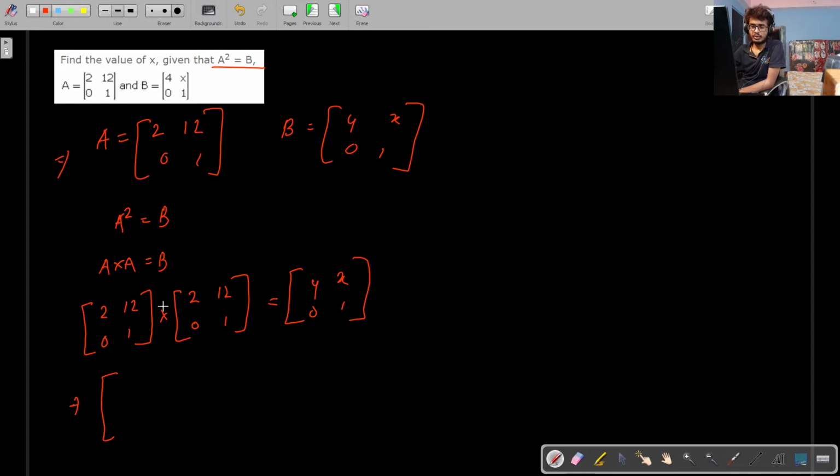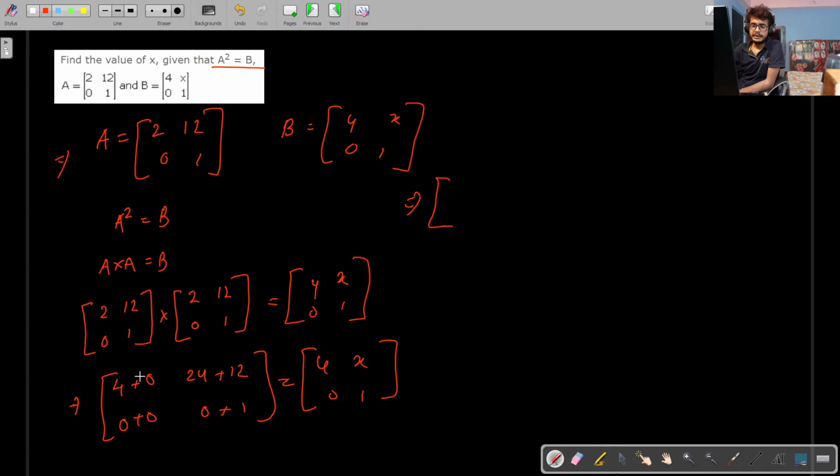So, the row column approach: 2 into 2 is 4, plus 12 into 0, 0. Change the column: 2 into 12 is 24, plus 12 into 1 is 12. Then 0 into 2 is 0, 1 into 0 is 0, 0 into 12 is 0 plus 1 into 1 is 1. This is equal to 4, x, 0, 1.